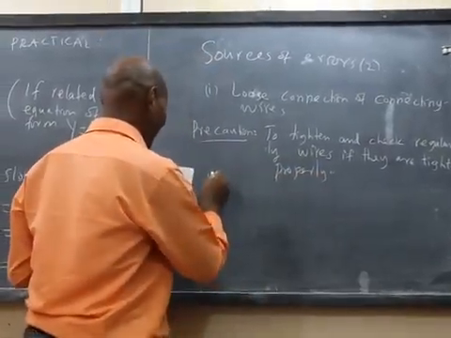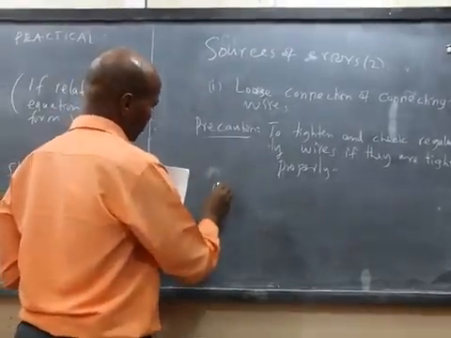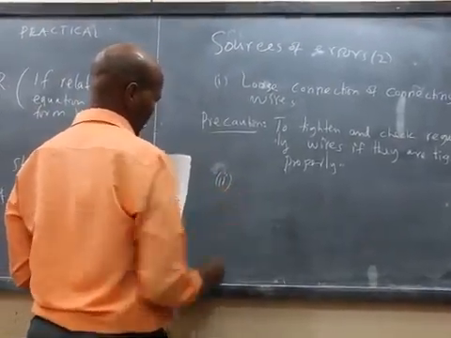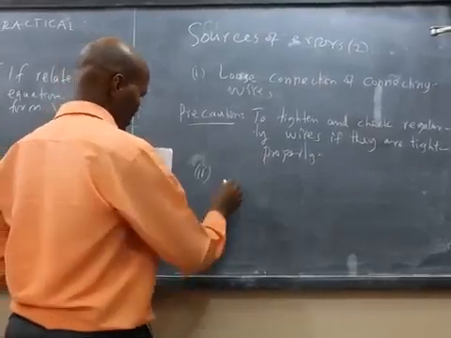Now the other source of error might be potential drop, or say voltage drop, of the dry cells.